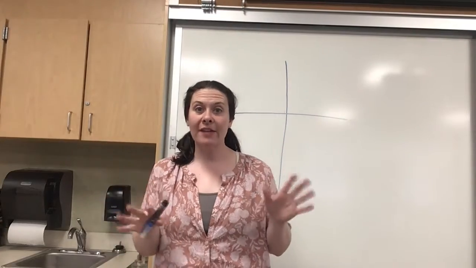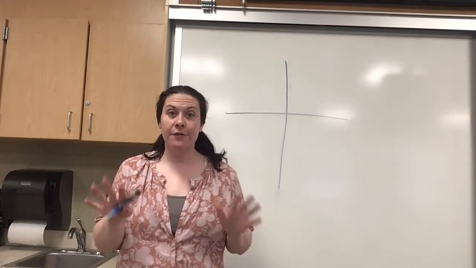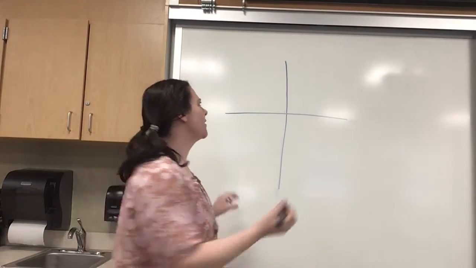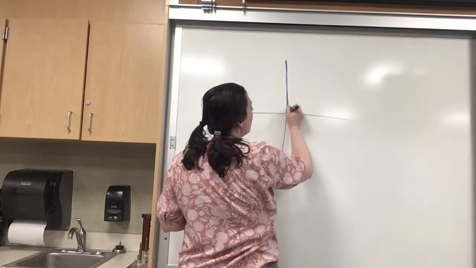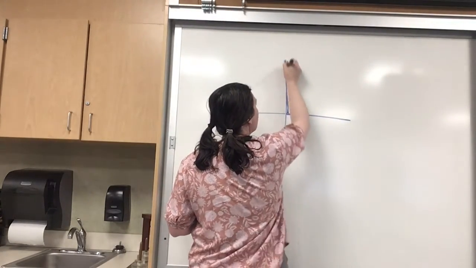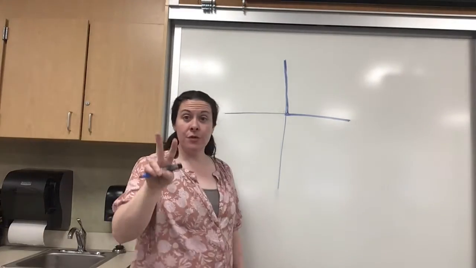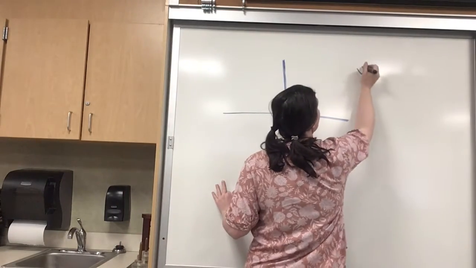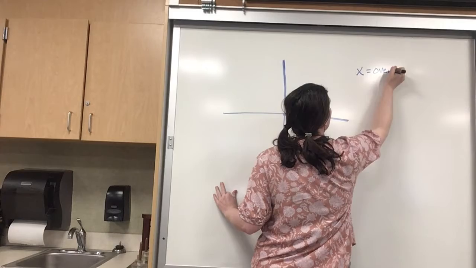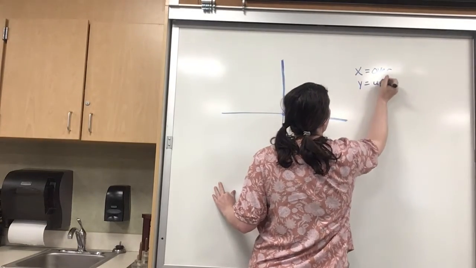Okay, so on the Cartesian plane, there are actually 4 quadrants. The first time we did graph picture puzzles, we were playing on quadrant 1 over here. They have 2 values, x, which is over, and y, which is up.